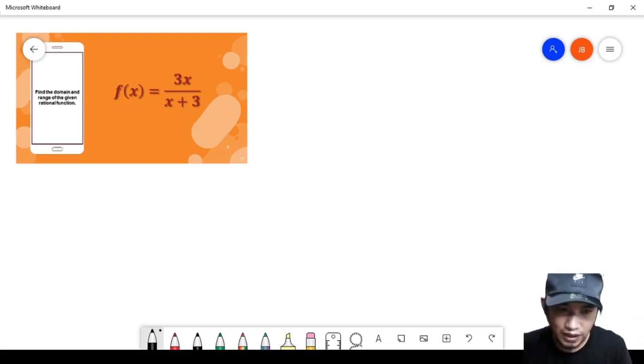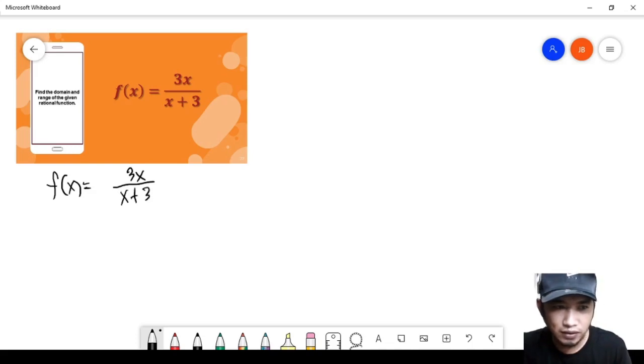Gawin natin black. Ayan. So, f of x is equal to 3x all over x plus 3. Okay. So, the first process is to equate the denominator into 0. That is, x plus 3 is equal to 0. And solve for the value of x.